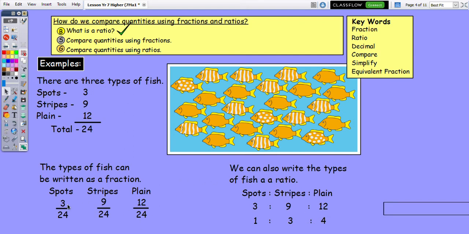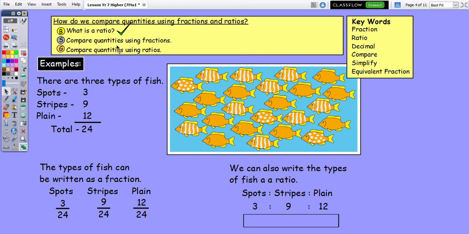So I'm able to simplify a fraction, and I'm also able to simplify a ratio. Remember that a ratio is just a different way of writing a fraction. The information is just the same. Good. Okay, so we've looked at what a ratio is.